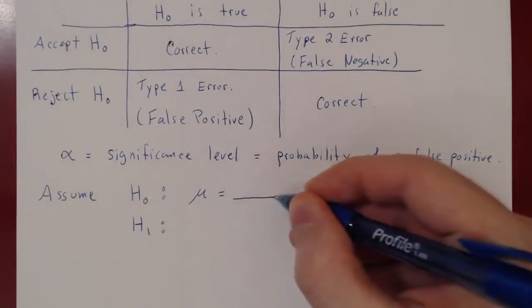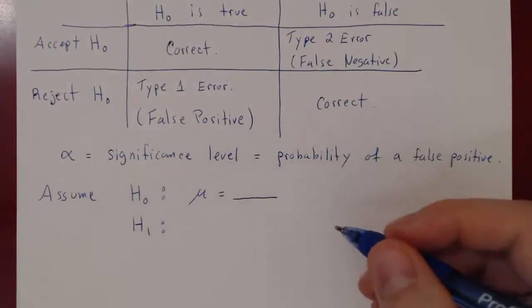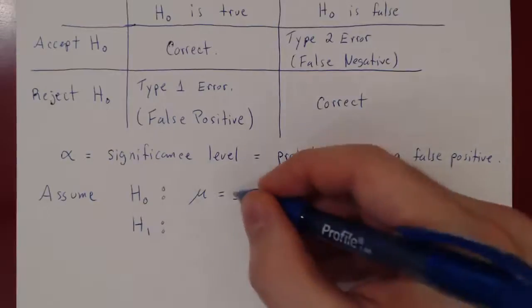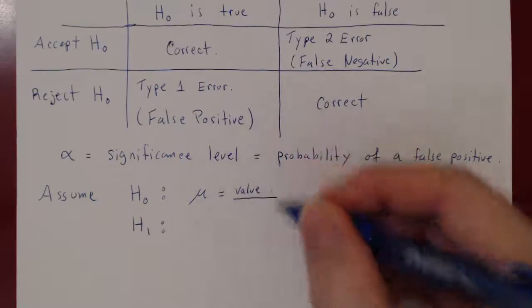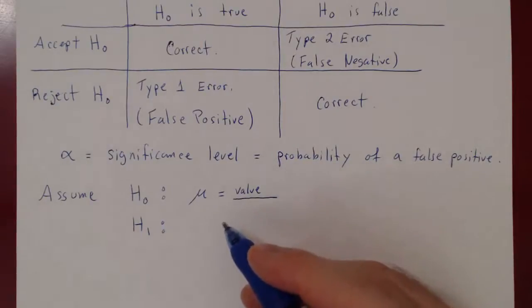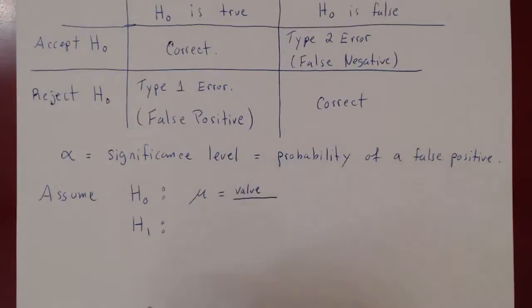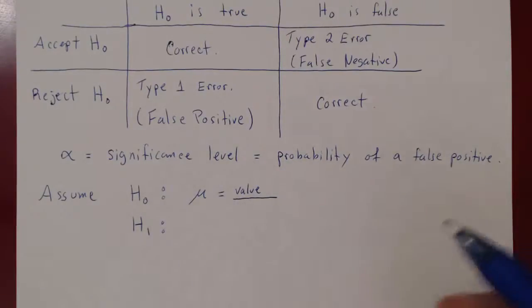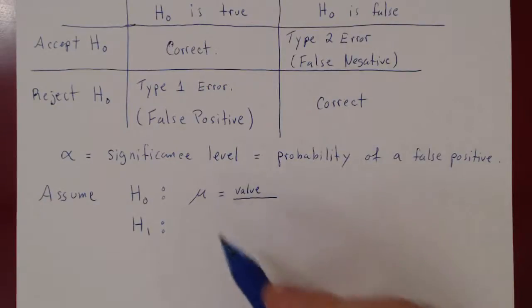So you say it's been established with previous data that the true mean of a population equals a given value. Think of this value as the status quo value. Then you come along and you say, I no longer believe that this is true, and you can formulate a counter hypothesis, a hypothesis of change that goes against the status quo value of the mean.